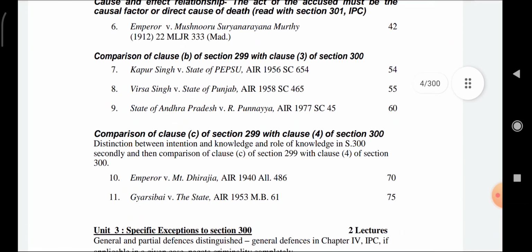Comparison of clause C of section 299 with clause 4 of section 300. Distinction between intention and knowledge and the role of knowledge in section 300. Secondly, the comparison of clause C of section 299 and clause 4 of section 300.